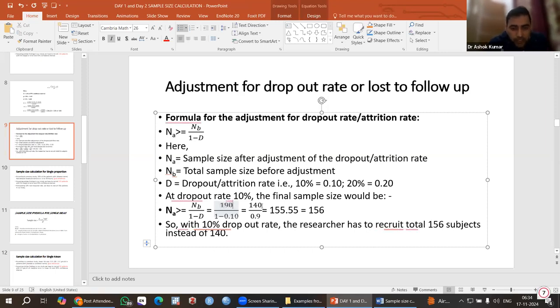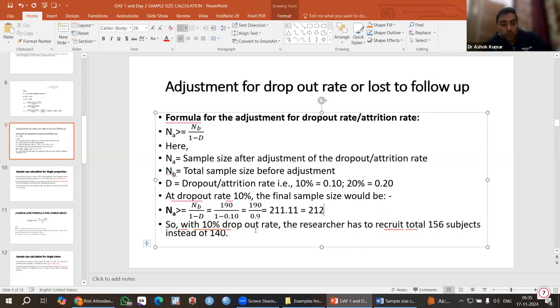Then I calculate: 190 divided by 0.9 comes to 211.11, which means 212.